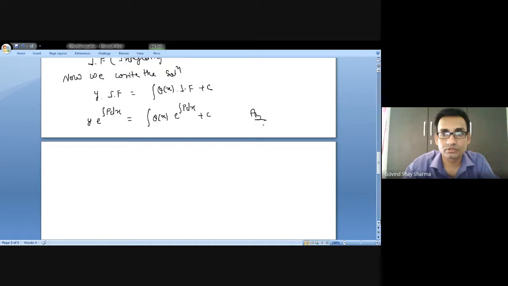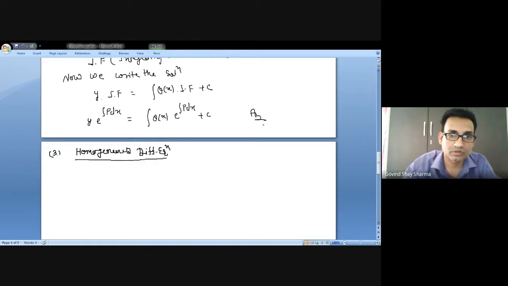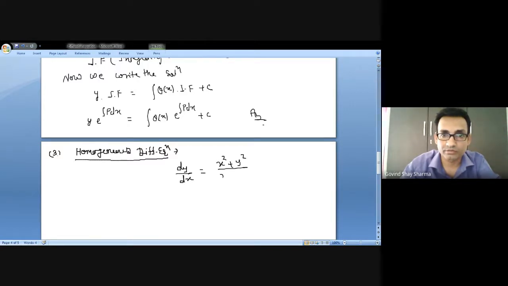So here, the third type of differential equation, homogeneous differential equation, like dy upon dx equals x square plus y square over x square.